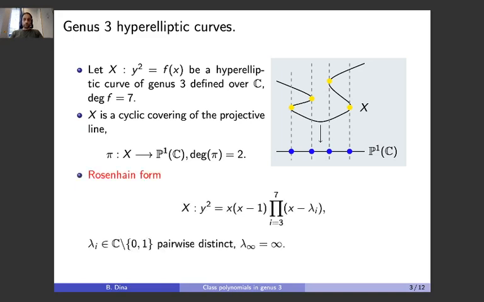We are interested in a certain model for X, which is given by the Rosenhain form. This is an affine model of this form with lambda_i complex numbers. It is known that every hyperelliptic curve of genus 3, in this case defined over the complex numbers, can be transported via automorphisms of P1 into a curve in Rosenhain form.